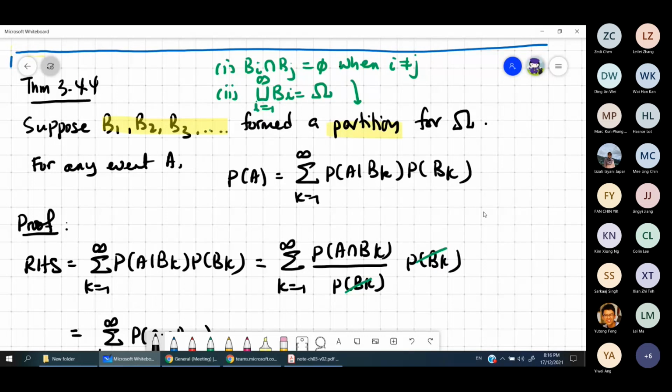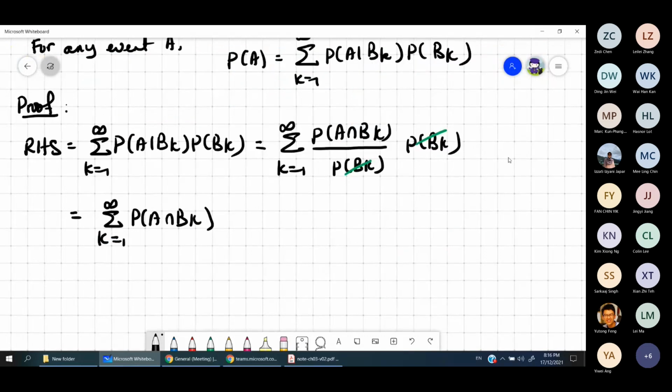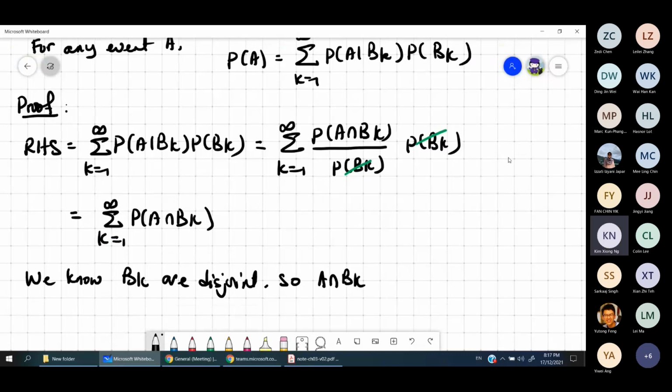When all the B_k are disjoint, A and B_k are also disjoint.